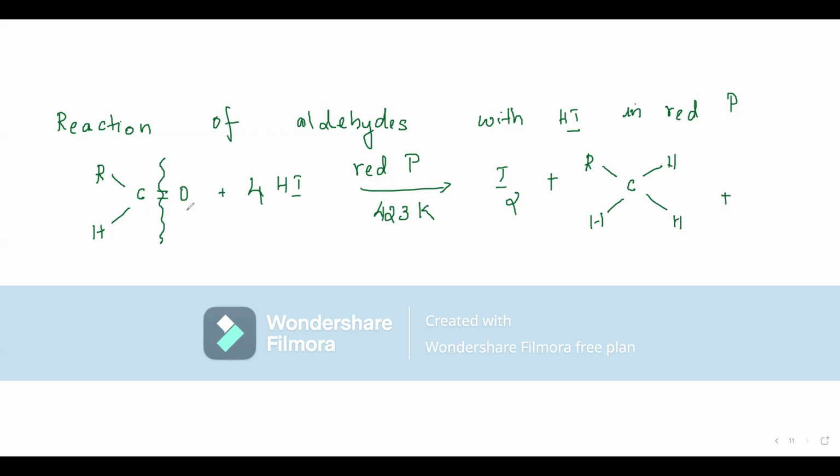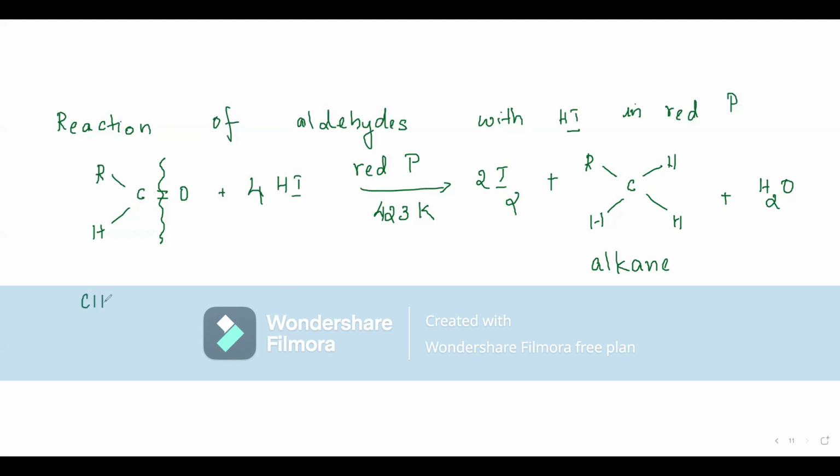Where will the double bonded oxygen which you have broken go? That combines with the remaining hydrogens. You have altogether 4 hydrogens, right? 2 of them you have added across the double bond, and 2 of them move away with oxygen. So this is your balanced equation. The product here is again an alkane.